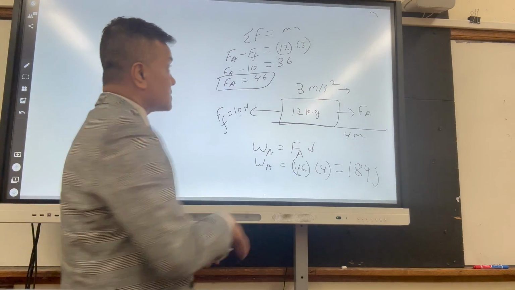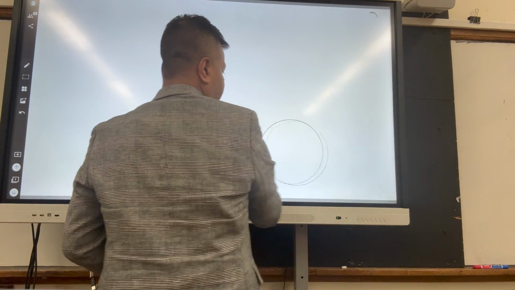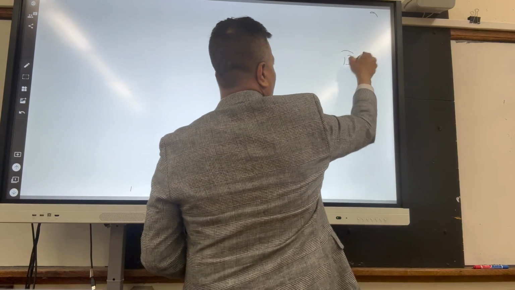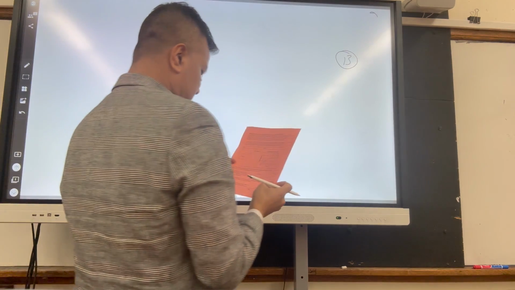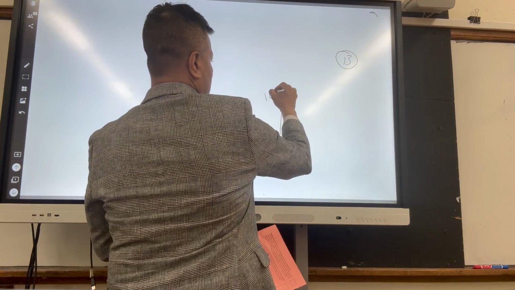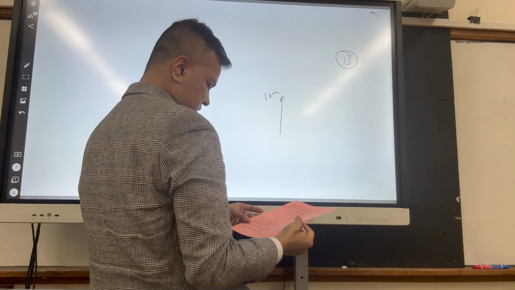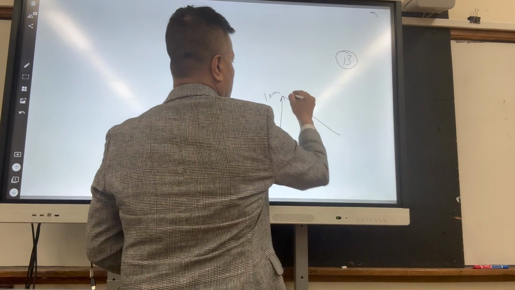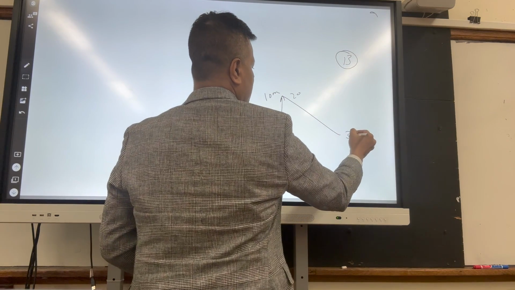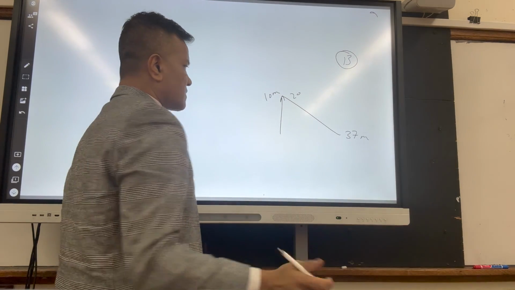Now let's go over 13. Problem 13. This is 10 meter, and this is 37 meters at 20 degrees. Okay, that's all you need.